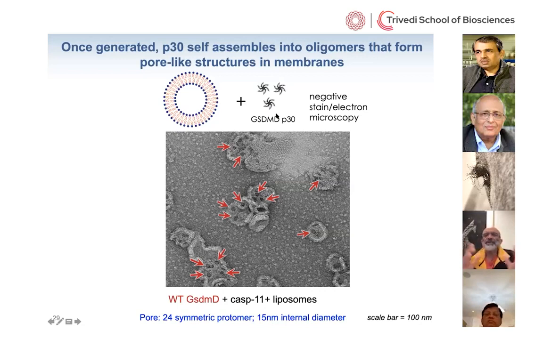When you put the two together and looked with negative stain electron microscopy, it was very clear that you were seeing these pore-like structures. We calculated that it was probably 24 or so P30s coming together to form this pore, and we estimated a 15 nanometer internal diameter. So a fairly large pore.